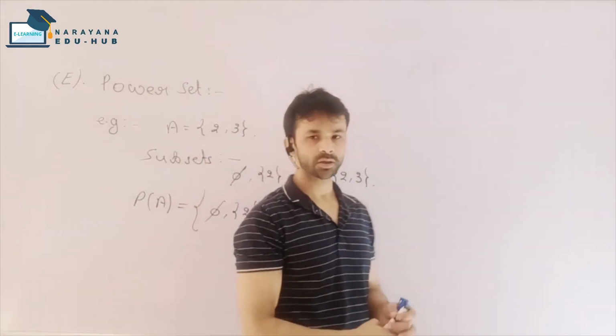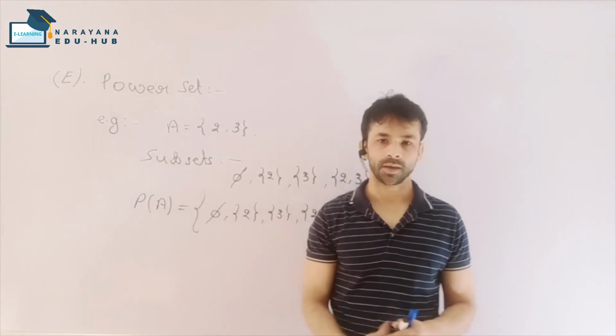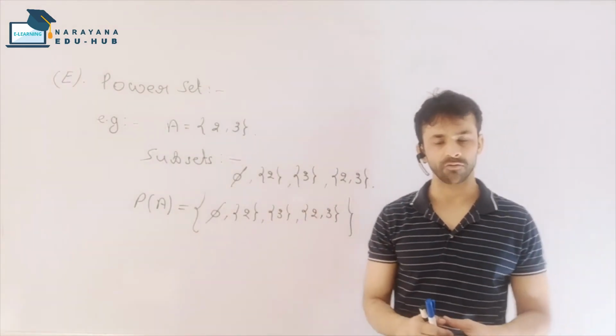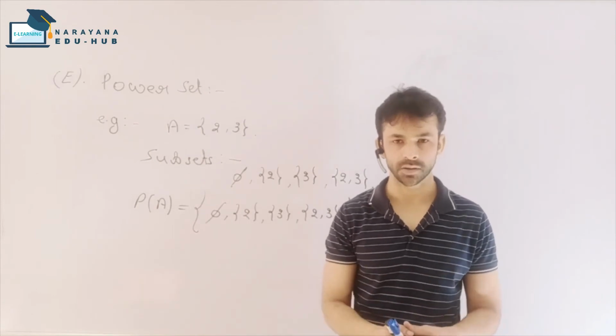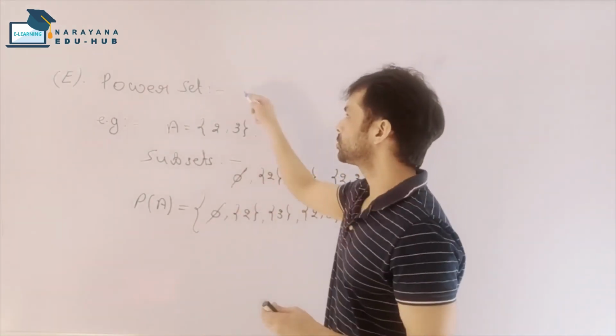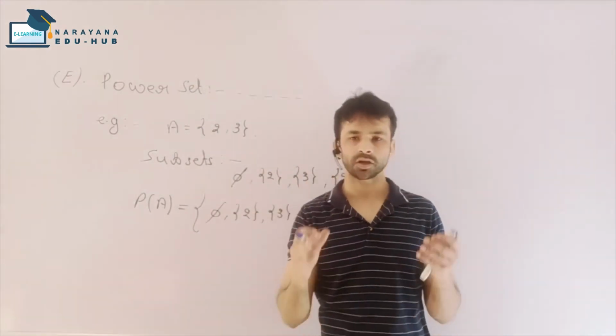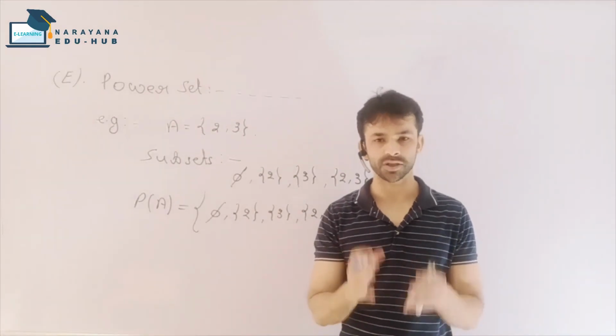Power set of A. We will be using PA. PA means power set of A, and it contains subsets. So power set is simply one line you can write: set of all possible subsets.